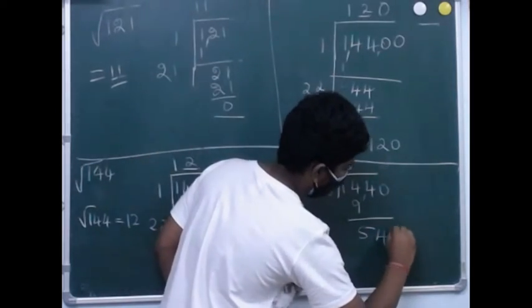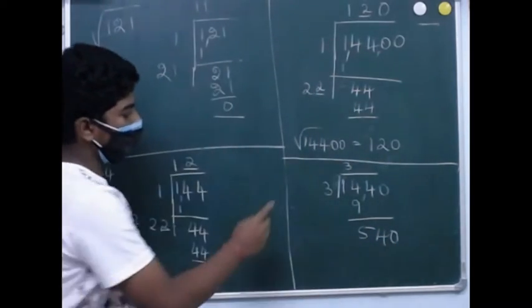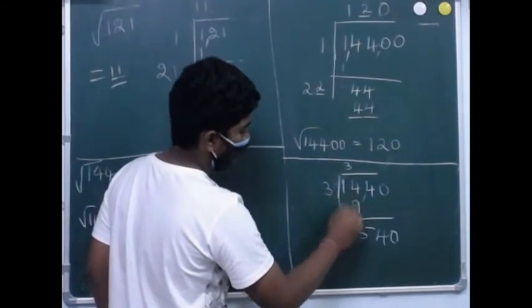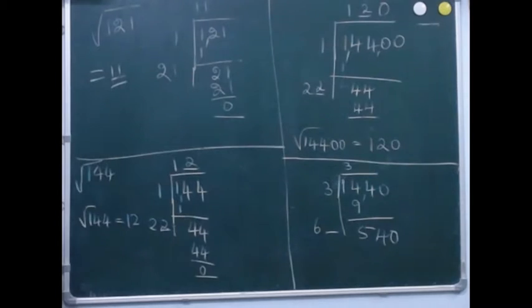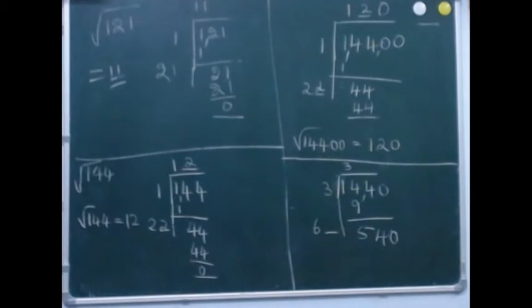Drop 40. Now what you are supposed to do? You have to multiply this 3 by 2. So 6. Now you should be able to get a perfect square within that number. And for which you can check like this. 54. This is 6. So 8 times is 48. 9 times is 54. But 9 nines are 81, so it will not come.